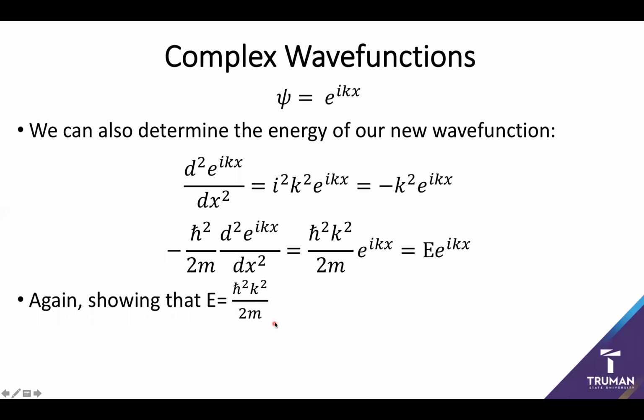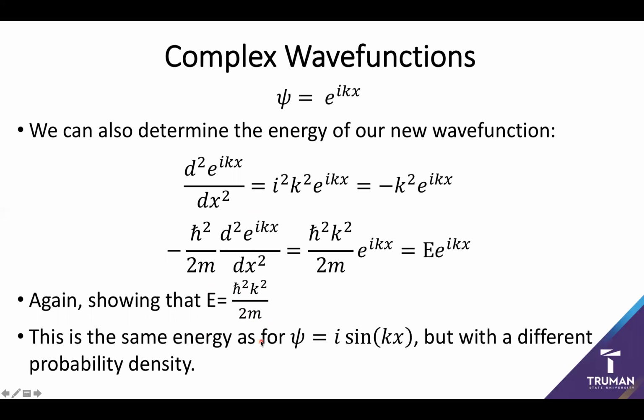Now, hopefully this should look fairly familiar, because it turns out this is the same energy as for our wave function of i sine kx, which is the same energy as our wave function sine kx, which is the same energy as cosine kx and i cosine kx.